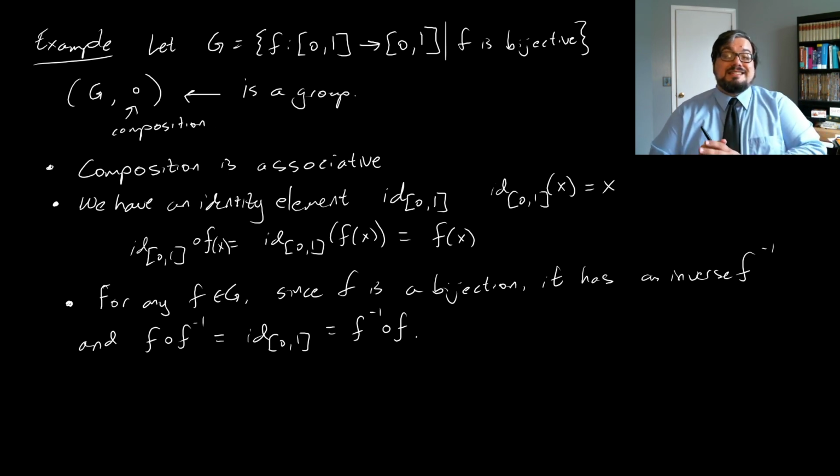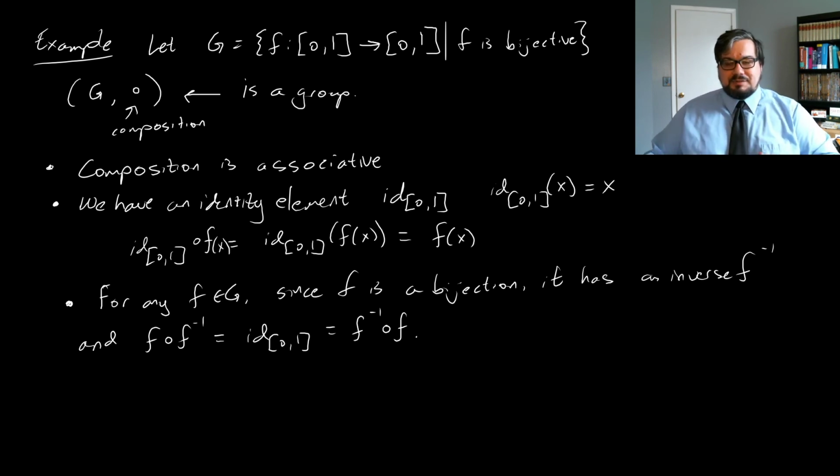So then the question is, is it abelian or non-abelian? Well, we may recall that composition is generally not commutative. If I compose f with g and g with f, I get a different result. So to prove that G with composition is non-abelian, we have to give an example.